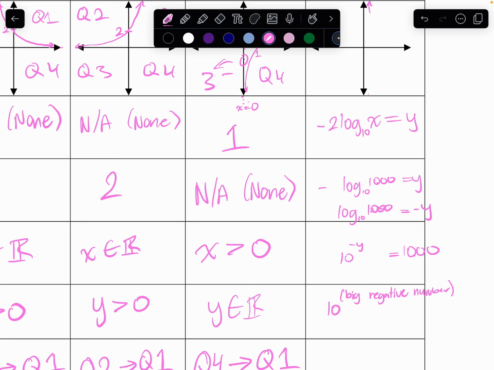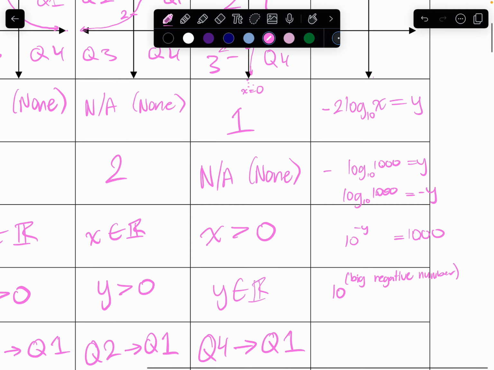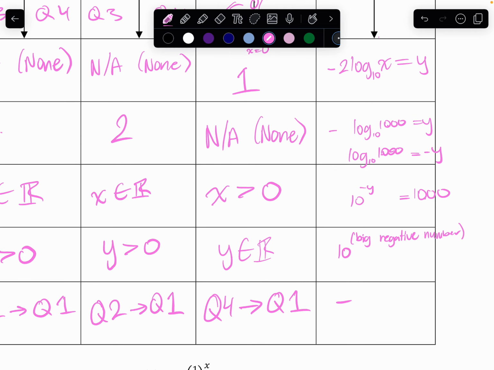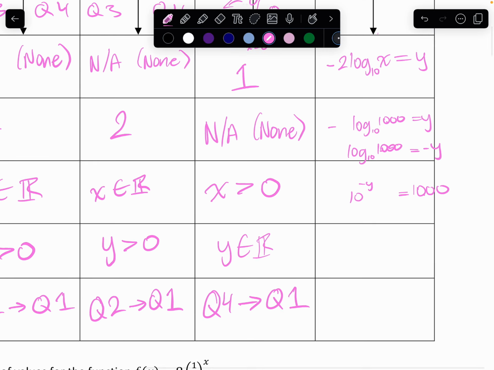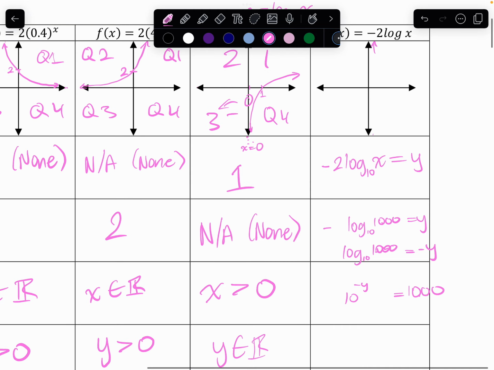Because you have a negative and then a negative equals positive number. I'm really hoping I'm making sense here. I've chosen this way to explain it because it means I can avoid all the complex algebra, and hopefully it makes a bit more sense. So then we know y is going to be a big negative number.